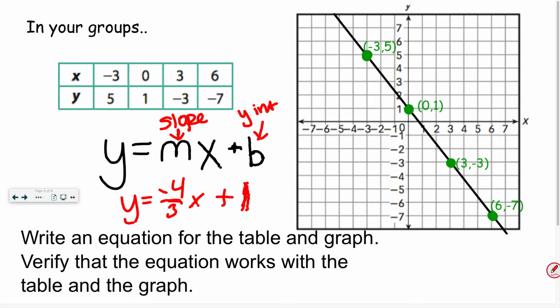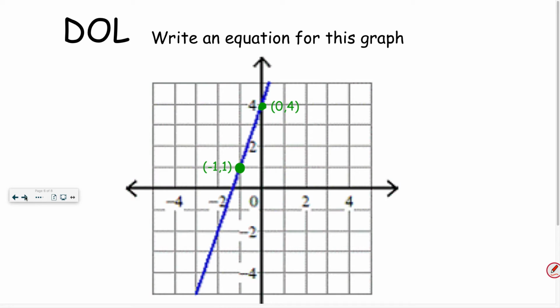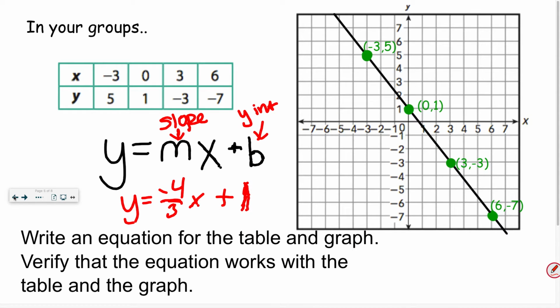And how many points do you need to draw a line? 2. 2 or more. Martha has a really good point. If you wanted to find a point that was up here, how are we moving from our y-intercept to get to that point?